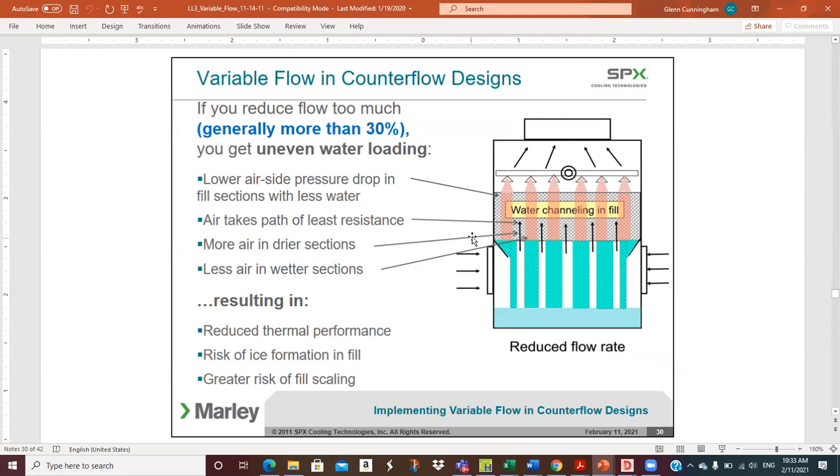The other thing is, where you have this air flowing through and this stuff is just barely wet, then you can evaporate all of the water, and it's going to leave the minerals behind, which takes the form of scale, and then you start scaling up your fill, and that's a bad thing. So these counterflow designs are not really looked at much for flow variation.